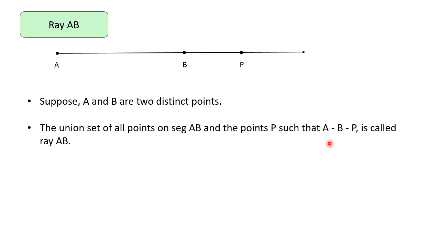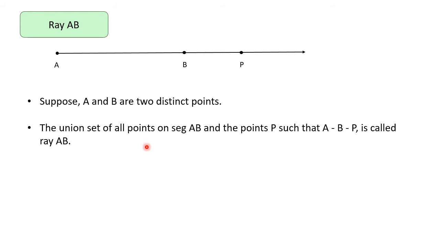Now what does this mean? This means that all the 3 points which are shown are collinear, that means they are in a straight line, and B is between point A and P. This concept we have learned in betweenness. So it is called as ray AB.